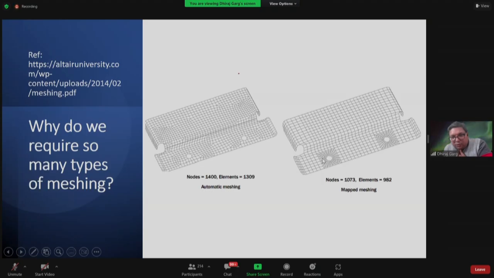Although this will give a better result than this, it has a lesser number of nodes, which is 1073, and elements are reduced to 982. So we can see the substantial reduction in the computational resources and time, besides getting a better result by judiciously putting the meshing.